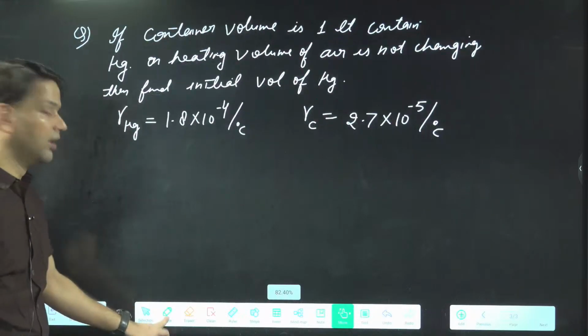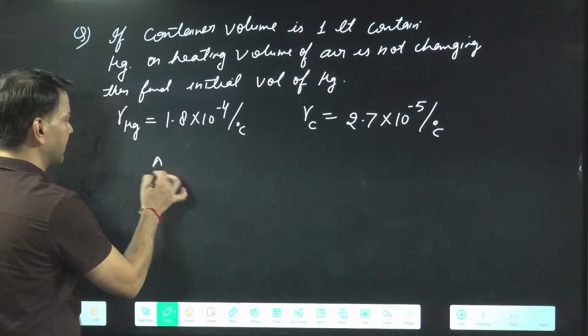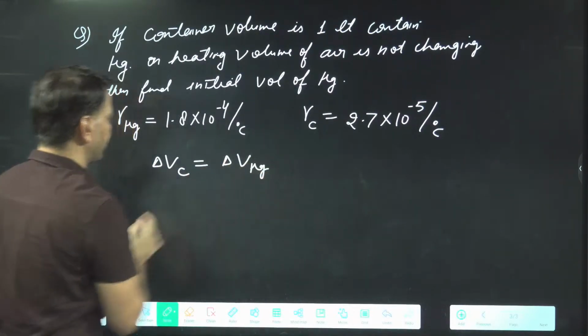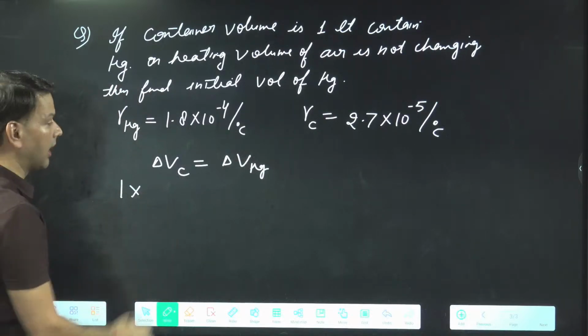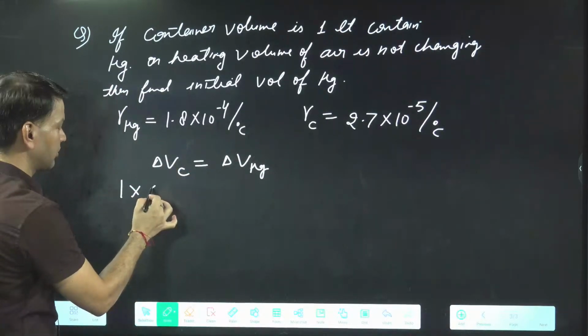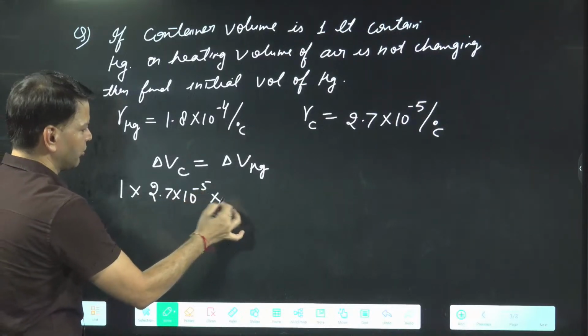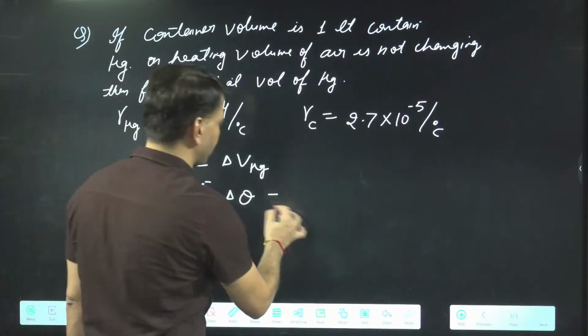Good. Okay, so here directly we will say delta V of the container is equal to delta V of the mercury. Delta V of the container means the initial volume of the container, 1, into gamma of the container they have given, 2.7 into 10 to the power minus 5, into any temperature change delta theta. That is equal to delta V of the mercury.